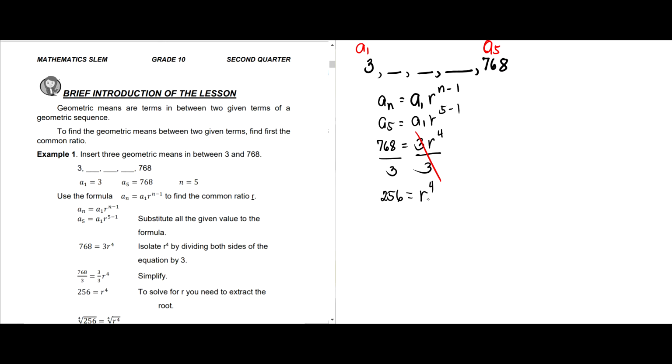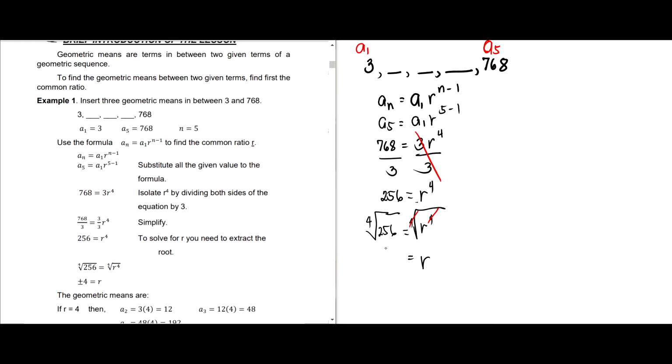So we want to get the fourth root of r raised to 4. So it cancels out and we obtain r. Now, to get the fourth root of 256, what is the number that when you multiply it 4 times, the answer is 256? So the answer is positive and negative 4.